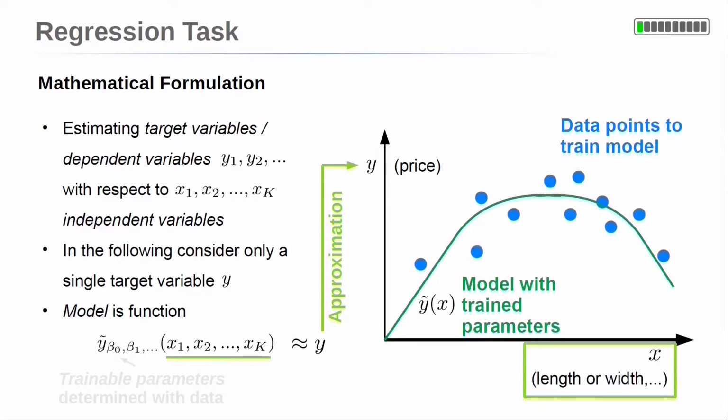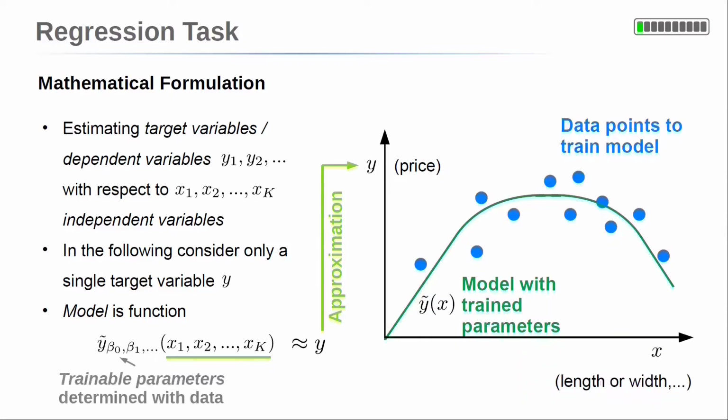The model function y tilde depends on the independent variables x1, x2, and so on up to K. So these independent variables are used as input for the model. Further, a model can have trainable parameters to fit the model to data. They are subscripted at the function denoted by beta 0, beta 1, and so on.